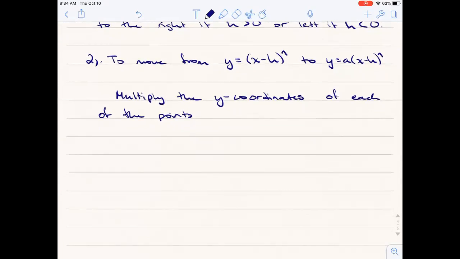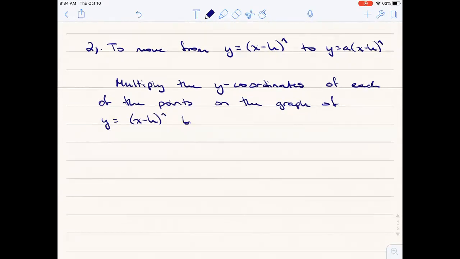Multiply the y coordinates of each of the points on the graph of y equals x minus h to the power of n by a. This results in a vertical scaling.